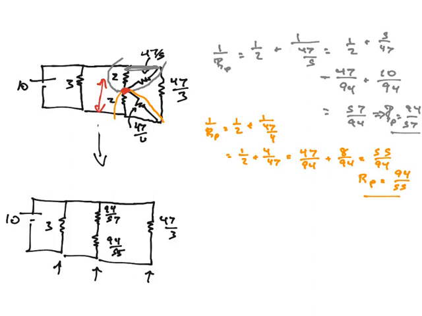The 3 is not in parallel or series with the 2s yet. It will be eventually, but we have to simplify the right side before we can hit it with the left side. And this 47/3 over here on the right side, he's kind of stuck as well because he's neither in series or parallel with any one of these resistors.